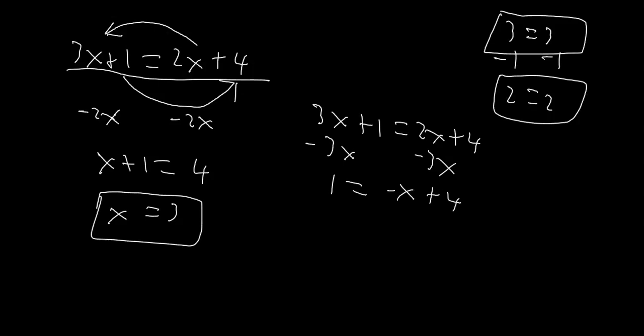And then we subtract 4 on both sides, as we did with the terms with variables. And you get negative 3 is equal to negative x. And then you multiply or divide by negative 1 on each side, and you get x is equal to 3.